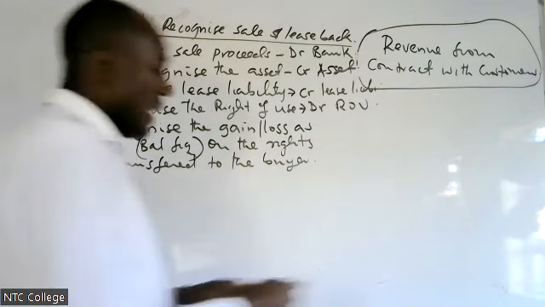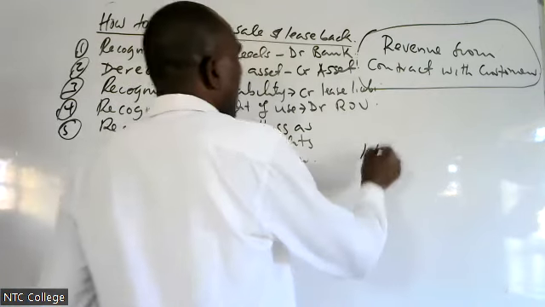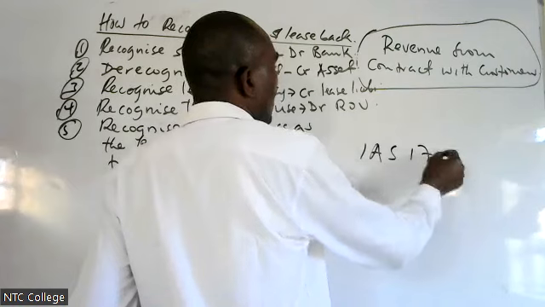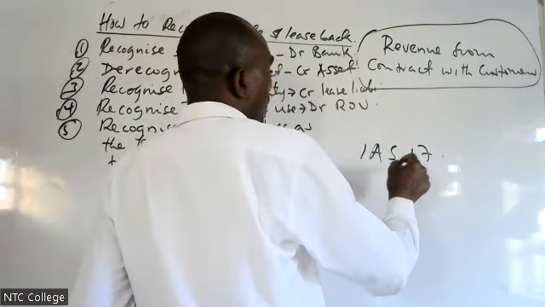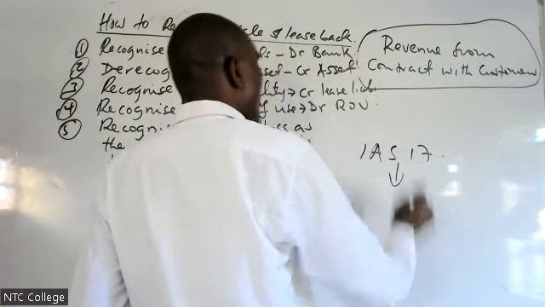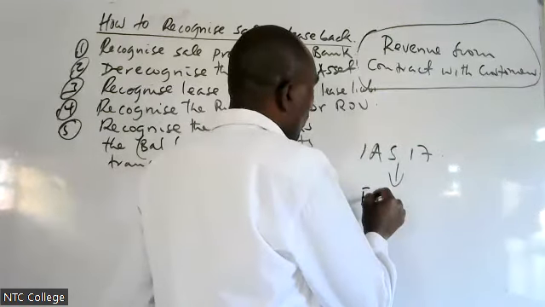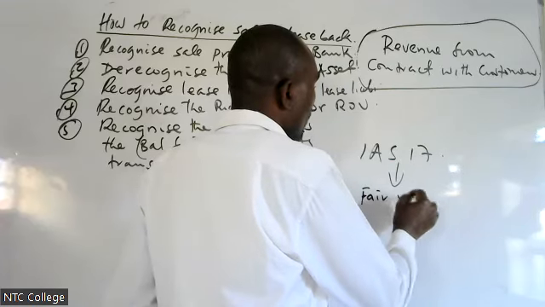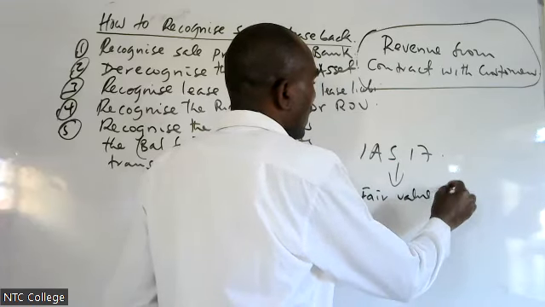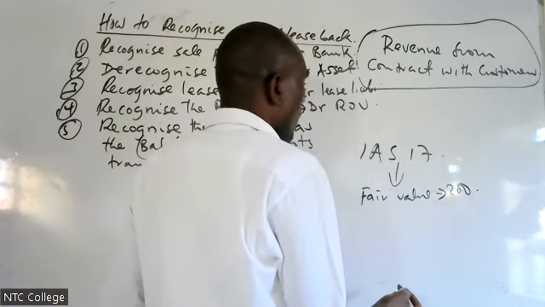Now, initially in IAS 17, remember, previously we were using IAS 17. For example, the fair value of the asset is 200.